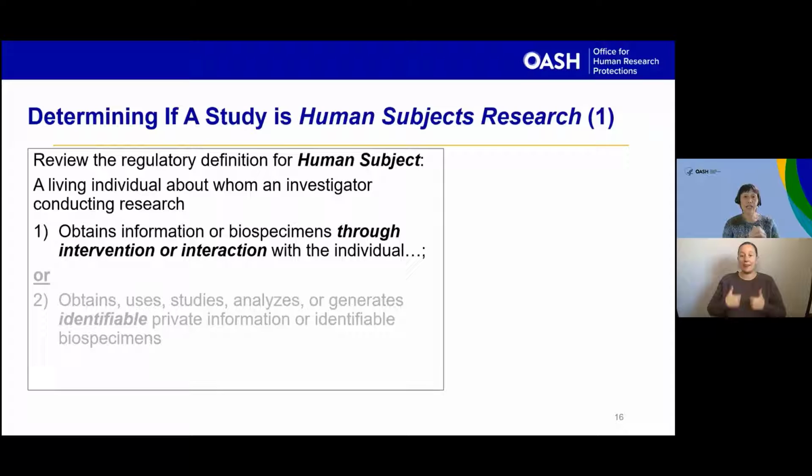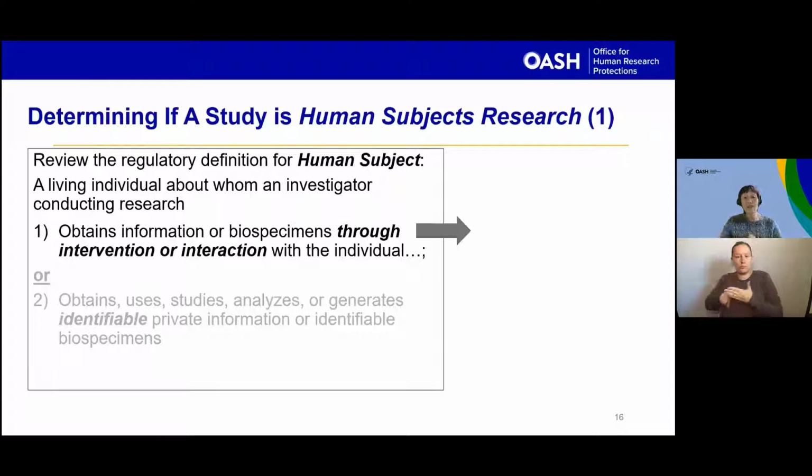Living individual. The investigator would be obtaining information about this living individual directly through interacting, like talking to them, doing surveys, communicating with them, or through some sort of interventions, right? Asking them to do some activities or doing some things on them, like taking a biopsy or some blood samples, etc. So for the purpose of this research, the investigators need to interact or do something with individual living subjects to collect that information for the research.